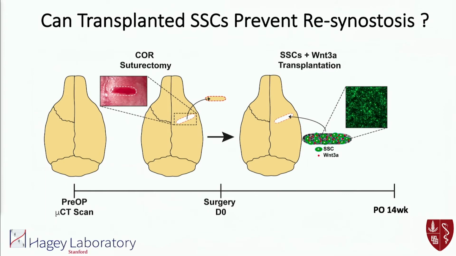So we developed a surgical procedure in which postnatal day 16 Twist-1 mice coronal sutures were excised and replaced with a collagen sponge seeded with SSCs and recombinant Wnt3a protein. And we monitored the extent of refusion by micro-CT and histology over a 14-week period.